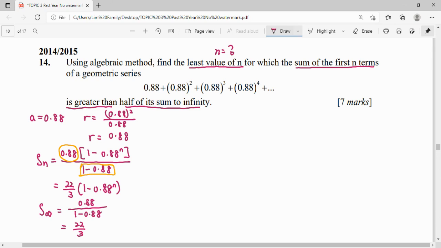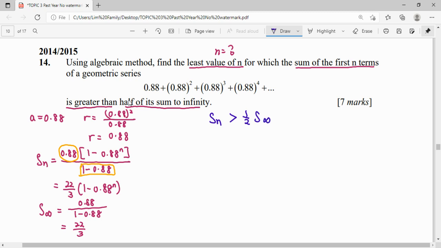Now we're going to combine our information again. We can read that the sum of the first n terms is greater than half, which means 1 over 2, of our sum to infinity.